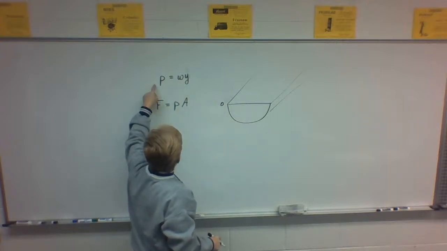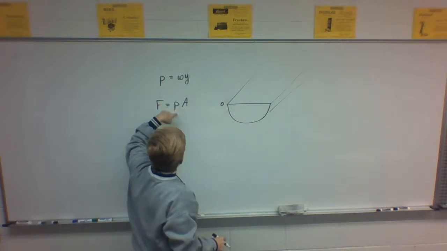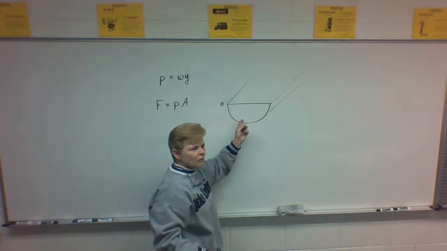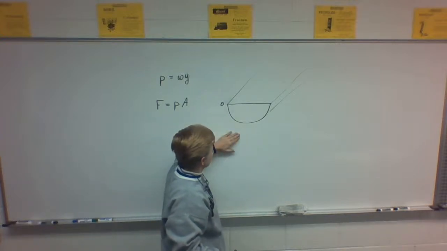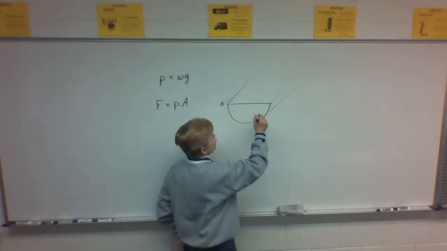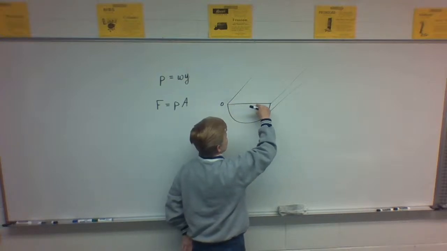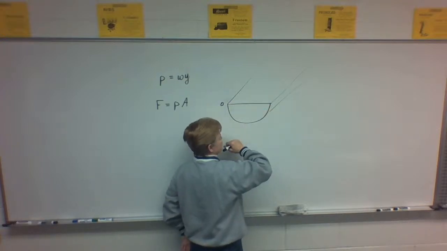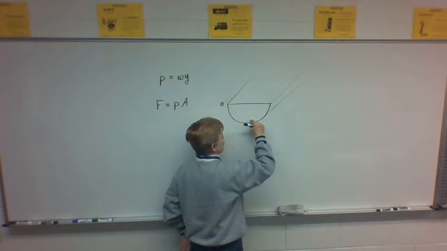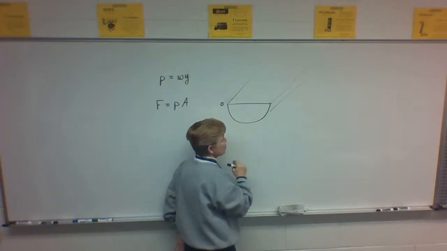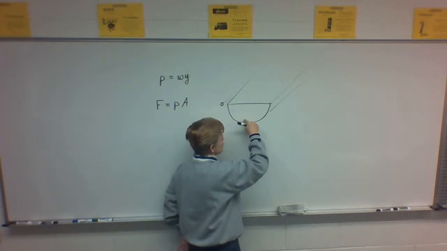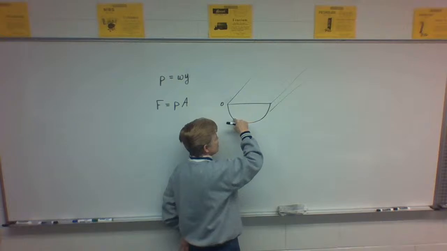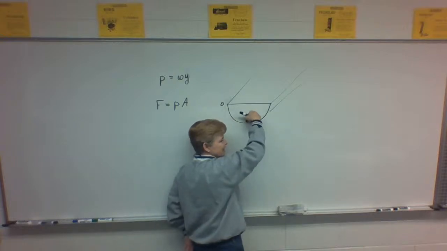As we go down, it's going to get more and more pressure that way, but area of what? Area of this semicircle? Because the force applied to this part of this semicircle is far less than the force applied to this part of that semicircle. But the force applied to this piece right here is the same all the way across, because that piece is the same depth down.